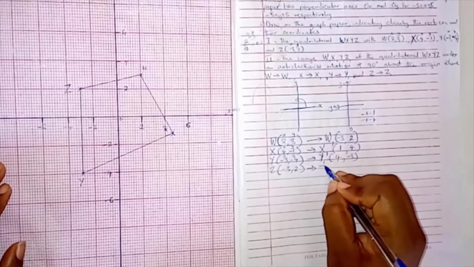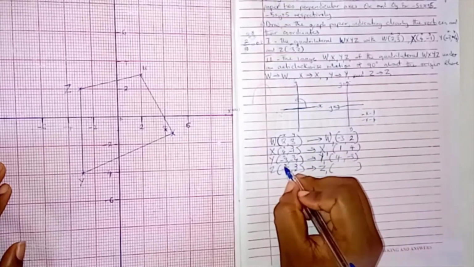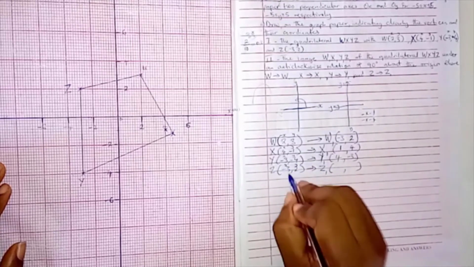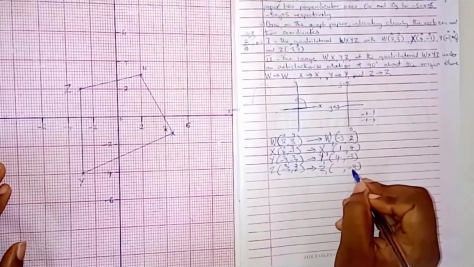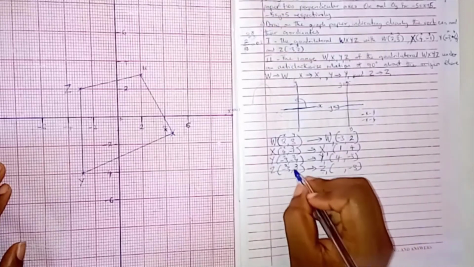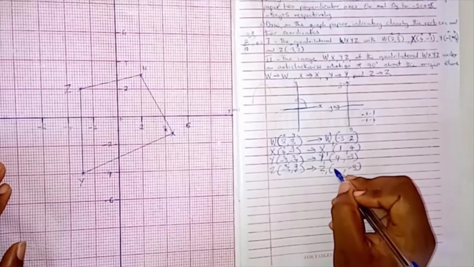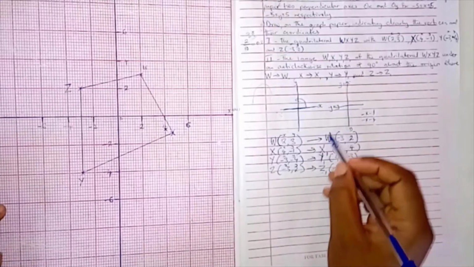Our new value for Z prime will be: this is x and this is y. X becomes y, so the new x is minus 3. Y becomes minus y, which will be minus times 2, and we have minus 2.